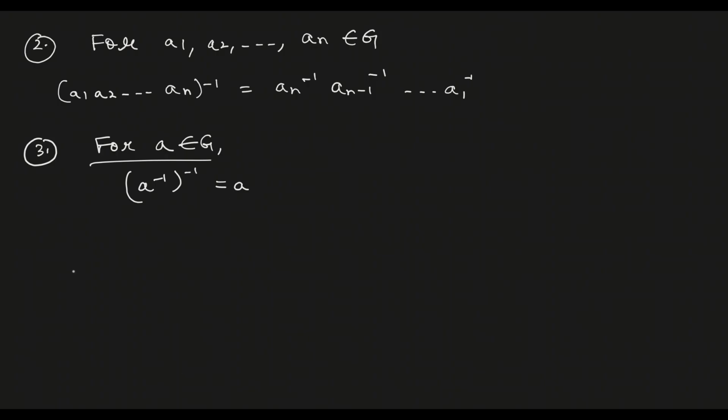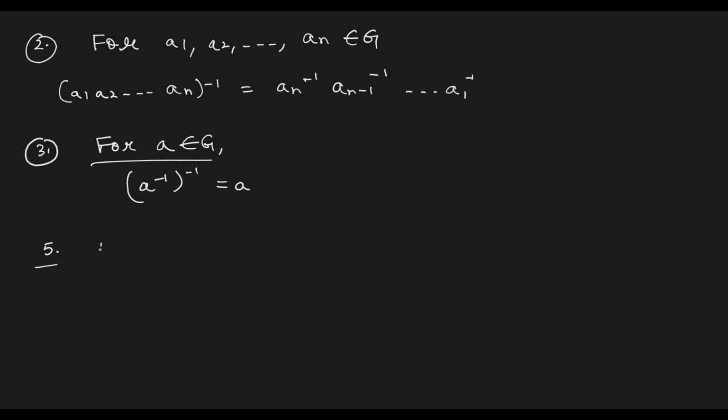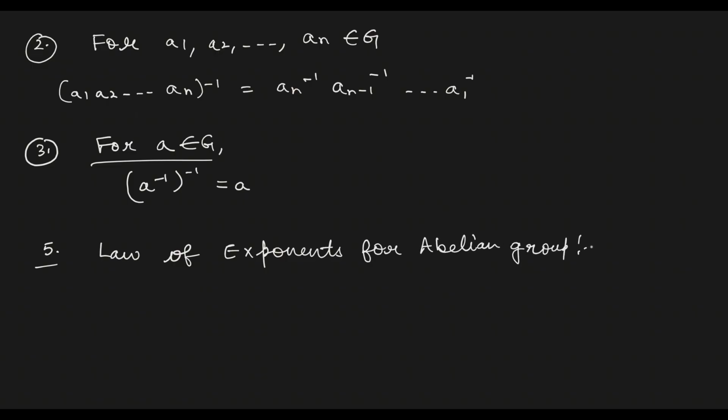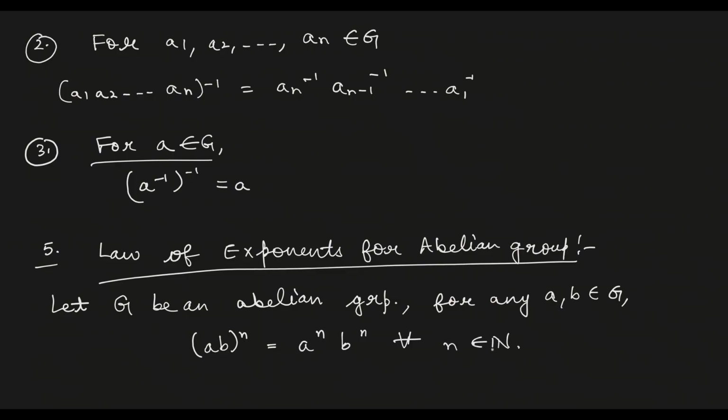Next property, law of exponents for abelian group. Let G be an abelian group, for any a, b belongs to G, ab to the power n is equal to a to the power n, b to the power n, for all n belongs to natural numbers.